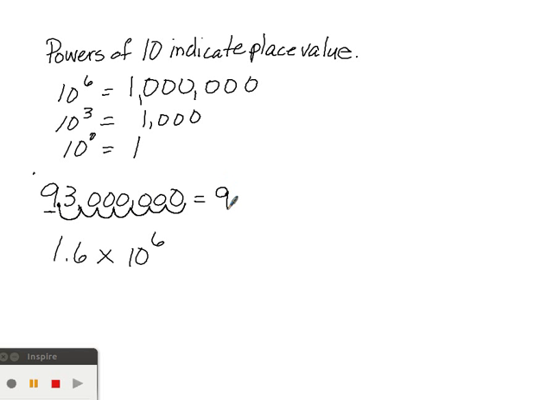You then copy down that digit, the decimal point, and any non-zero digits after the decimal point, and count how many places you moved your decimal point. In this case, you moved it 7. So your answer is 9.3 times 10 to the 7th.